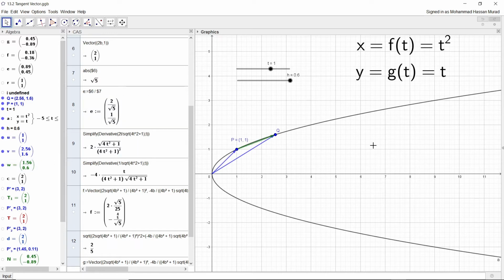The vector PQ is called the difference vector. Now if we move the point Q toward the point P, then we see that the difference vector is getting smaller and smaller.